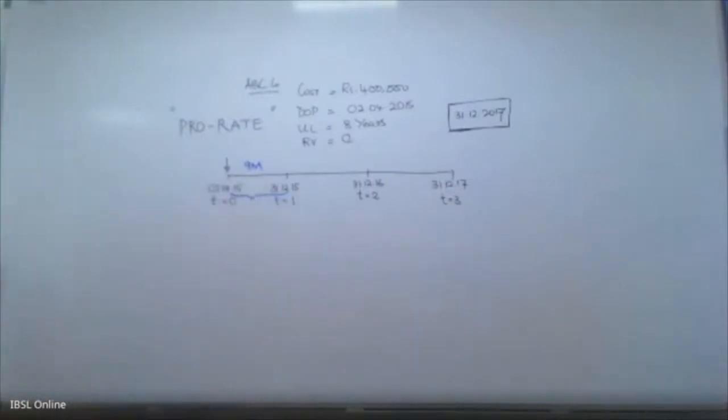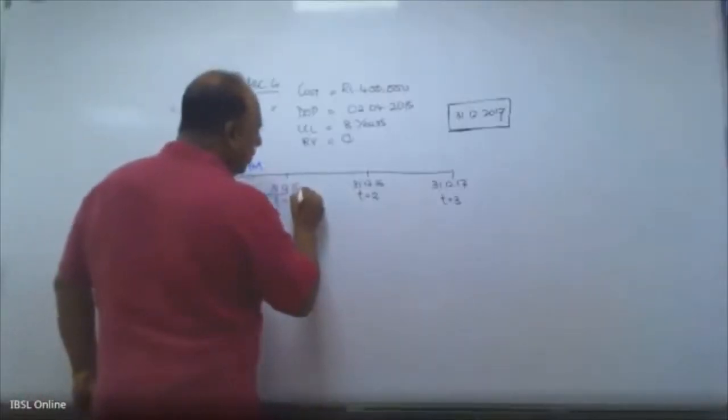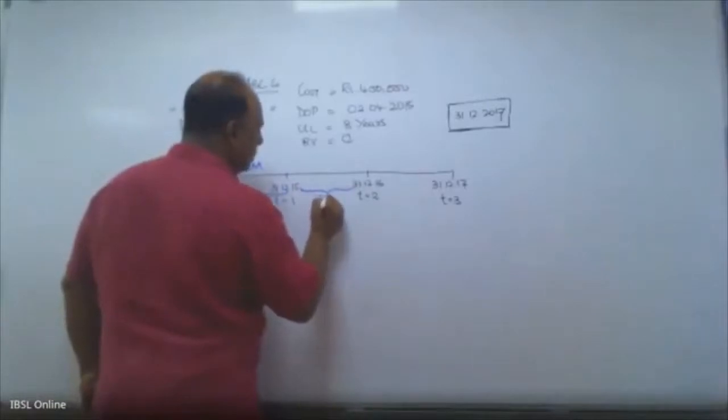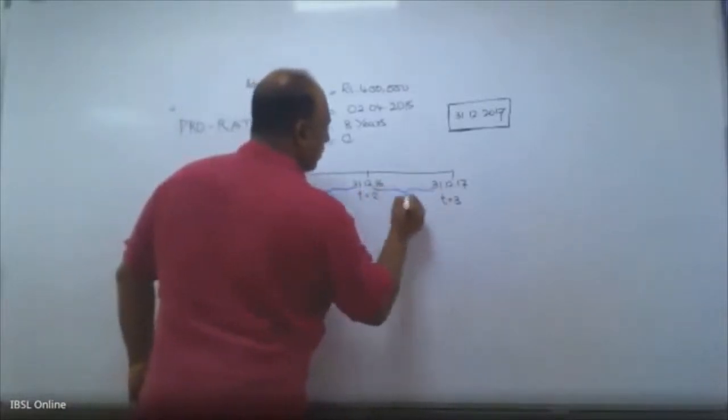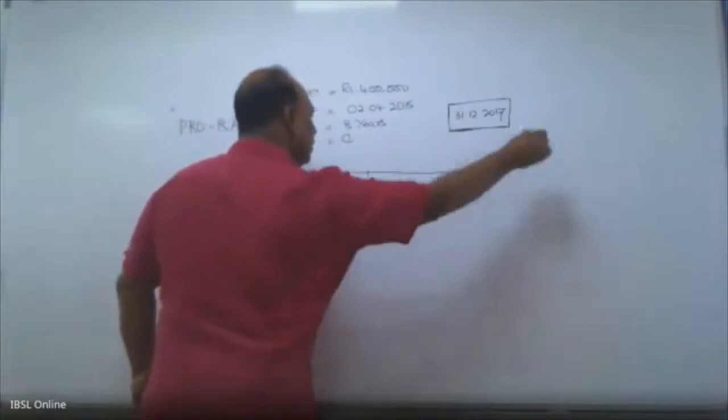Is that understood, please? Yes, sir. So for the rest of the years I don't have a problem, because here it is 12 months, and as we go on, it will be like that.